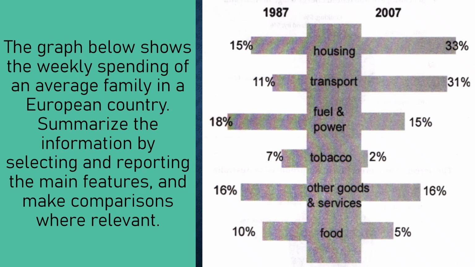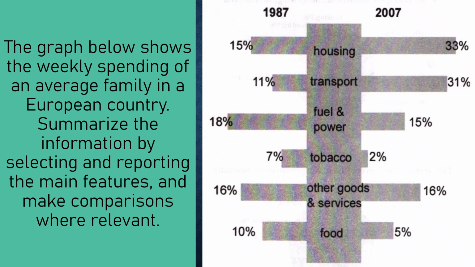So in the second paragraph, now we will write comparatively. Like we say, the most striking difference is seen in the money spent on transport, which grew almost threefold, from 11% to 31% from 1987 to 2007.